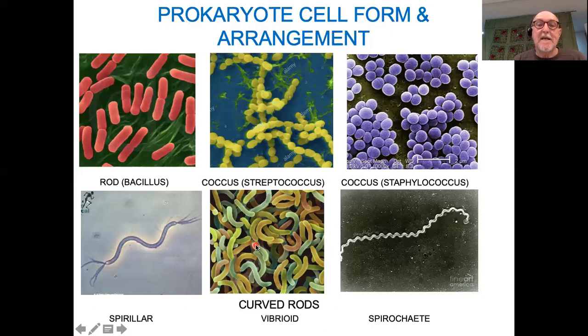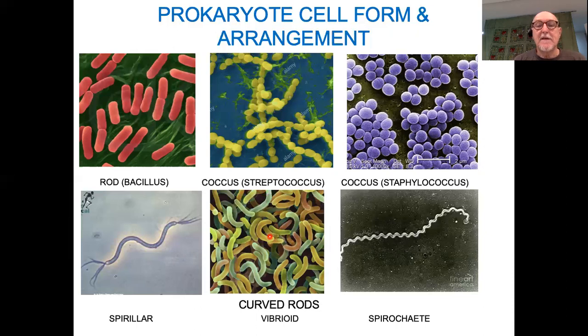This here is a curved rod. It's still a rod, but it's curved into this almost like a C shape or comma shape. That is its proper term, a comma shape. And these are often referred to as being vibrioid.